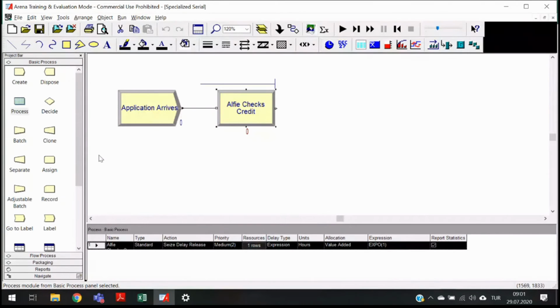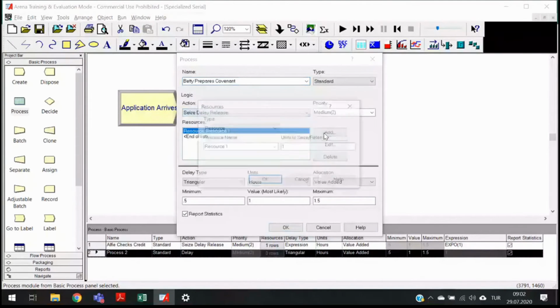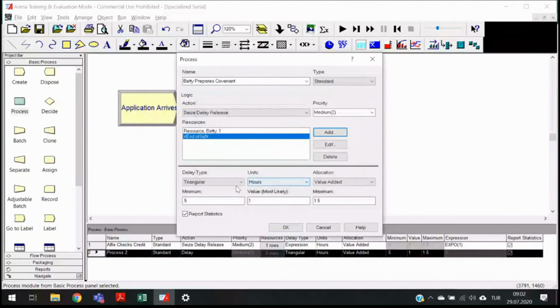In the second process, we have Betty preparing the covenants. Betty prepares covenants. Again, we have a seize, delay, release operation, and we add a resource. The name of the resource is Betty, and one Betty is going to be seized here by each applicant.